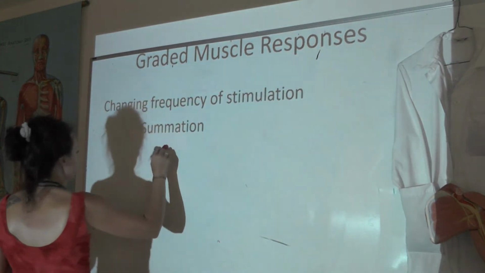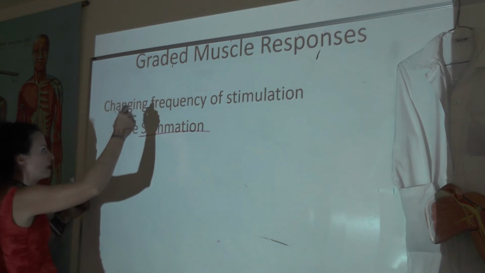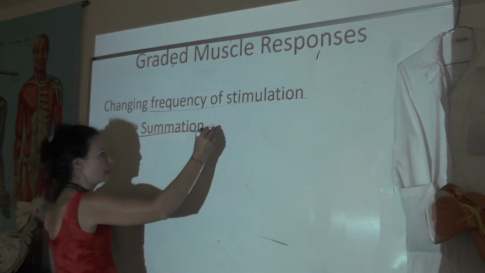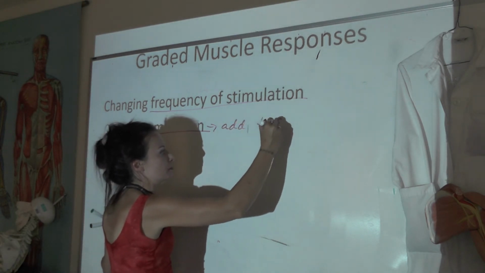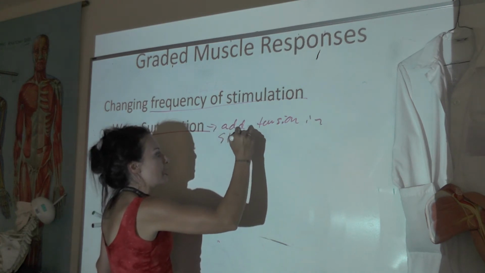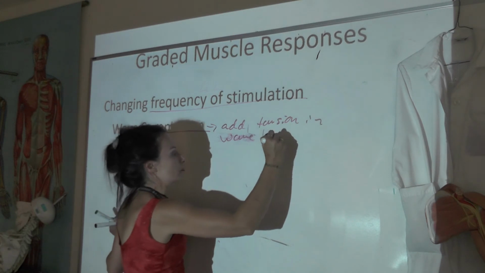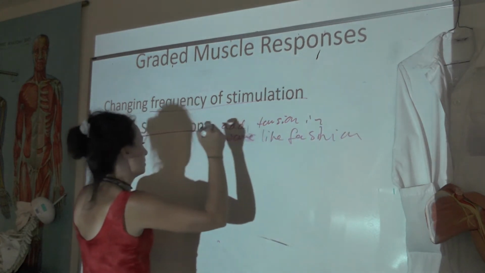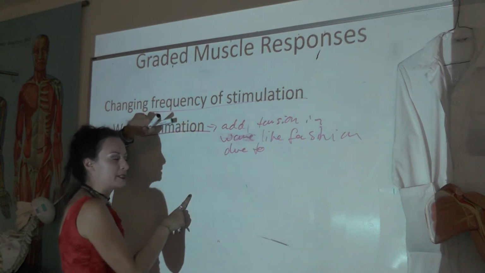So wave summation. We could say this is adding up in a step-like fashion due to increasing the frequency of stimulation. So we add tension in a step-like or wave-like fashion, and this is due to increasing the frequency of stimulation.